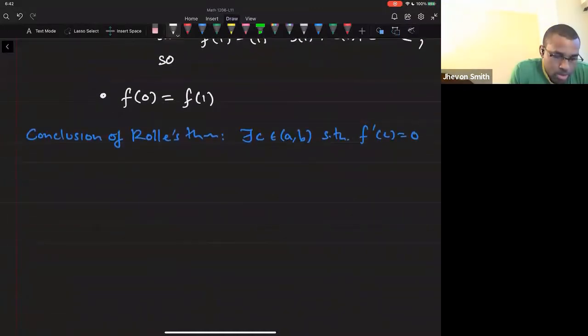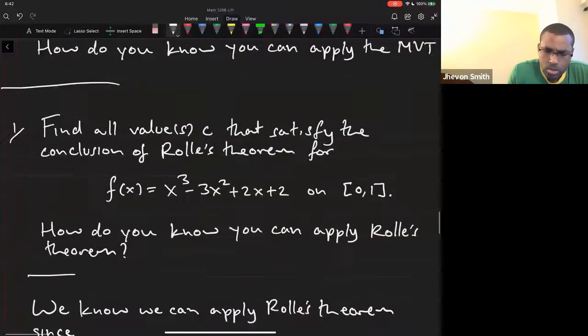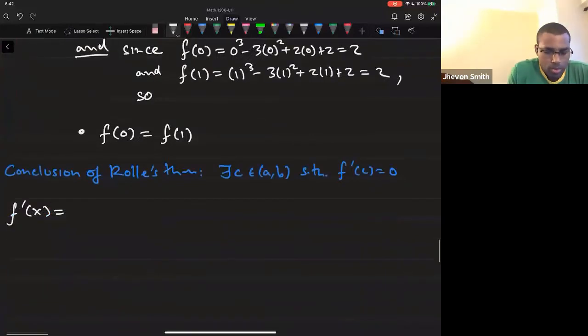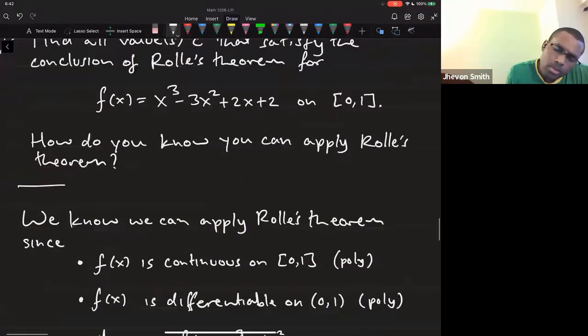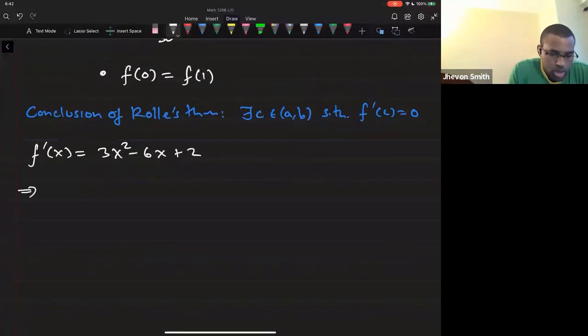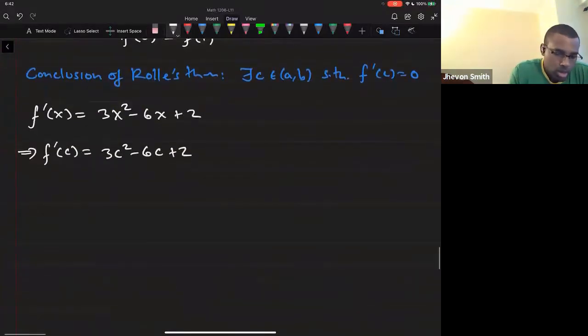So we have f prime of x is going to be equal to 3x squared minus 6x plus 2. So this means that f prime of c is going to be 3 times c squared minus 6c plus 2. So let's set f prime of c equals 0.